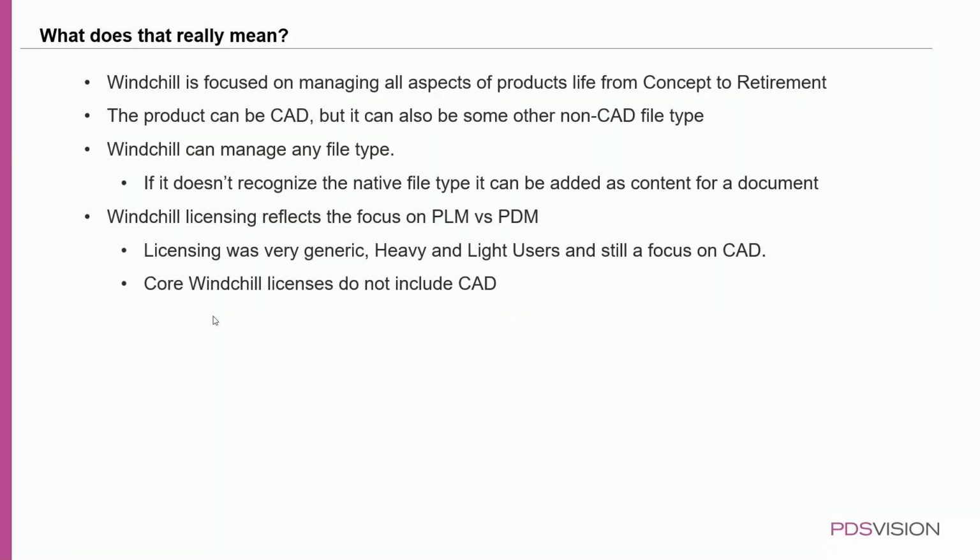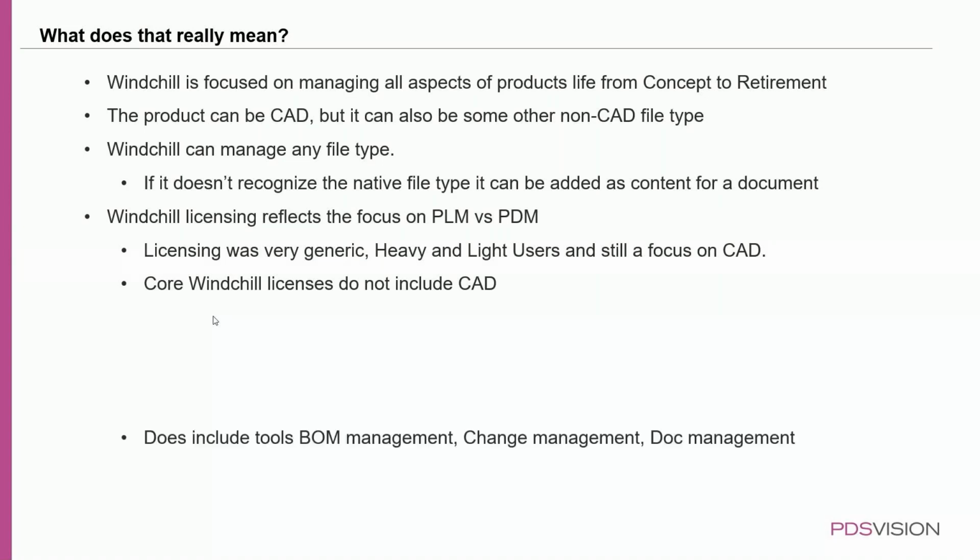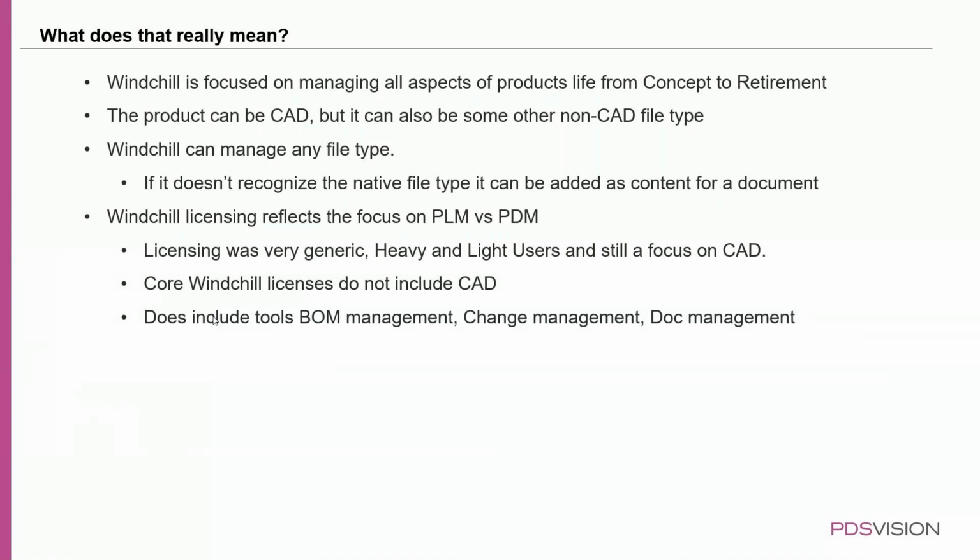Now moving forward, the core Windchill licenses don't even include CAD anymore. They are focused on PLM. There are multiple levels of PLM. We have our base licenses, we have our Navigate licenses, but those are focused on the PLM piece. If you want CAD, then you would purchase the CAD extension.